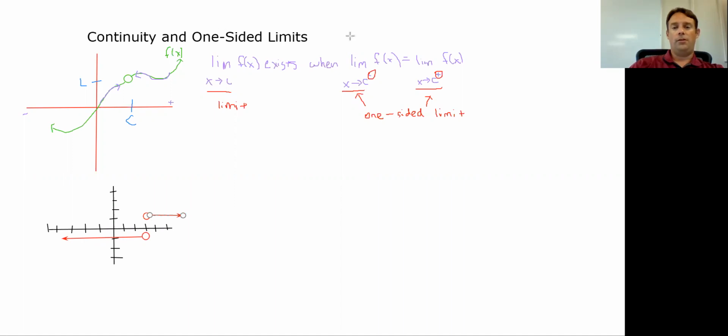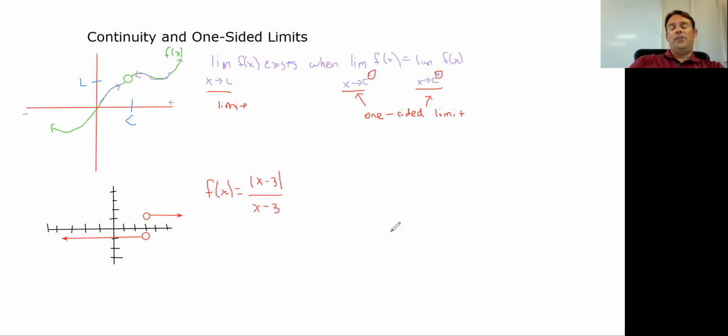This graph right here is the function f of x equals the absolute value of x minus 3 over x minus 3. So I just wanted to throw on one of these little absolute value step functions here.